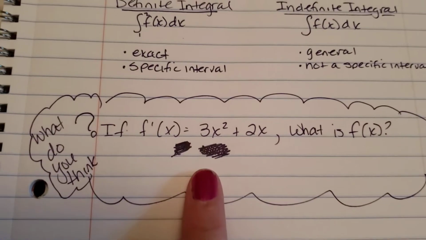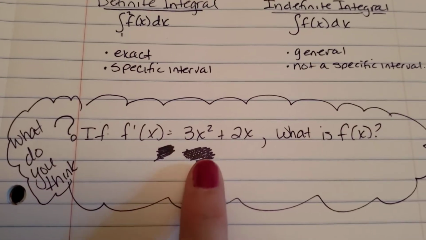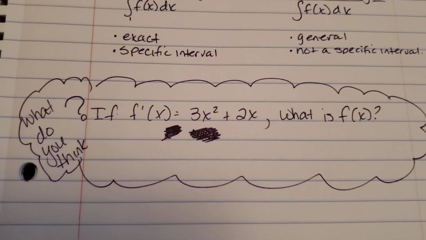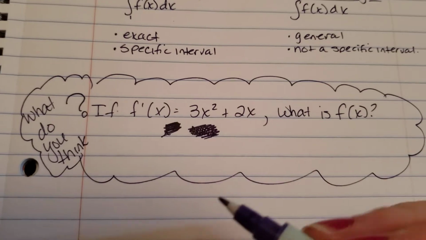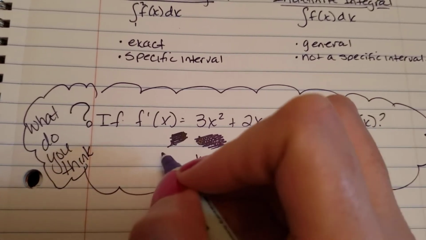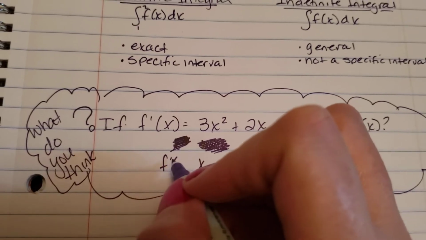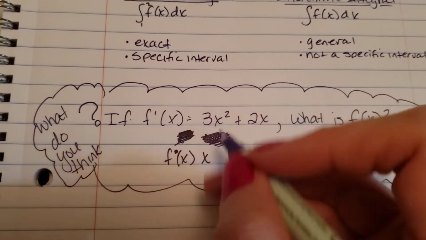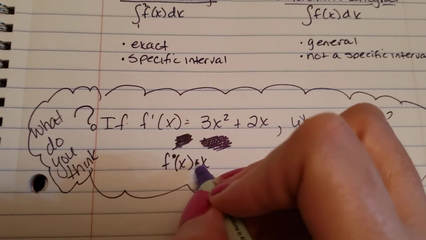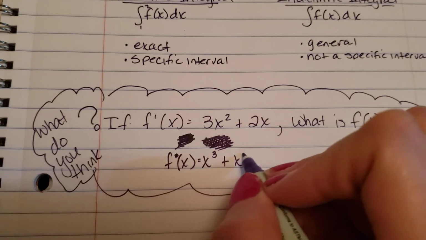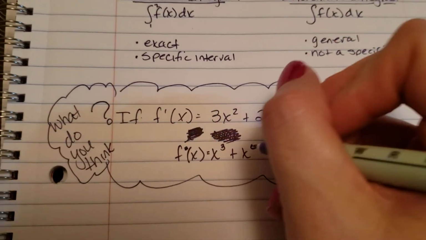Okay, so thinking about how we calculate or how we come up with a derivative, what I get here is that f of x would have equaled x cubed plus x squared. Well, where does that come from?